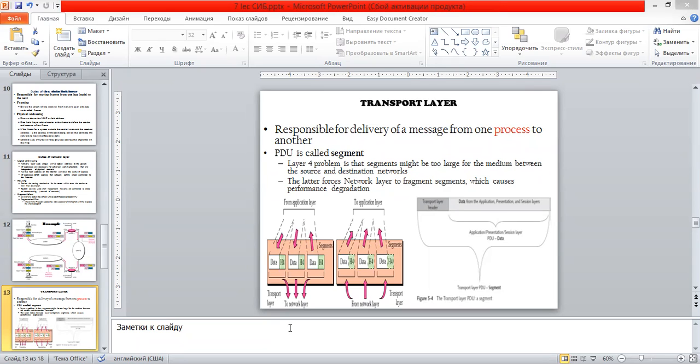Ensures the data units are delivered in sequence. Ensures that there is no loss or duplication of data units. Provides connectionless or connection-oriented service. Provides for the connection management. Multiplexes multiple connections over a single channel.